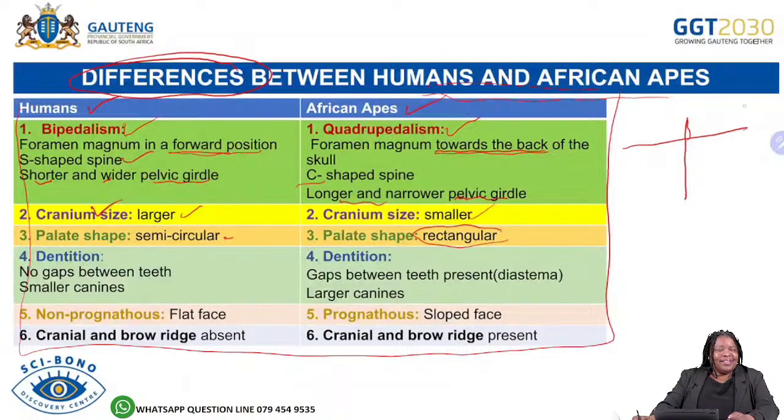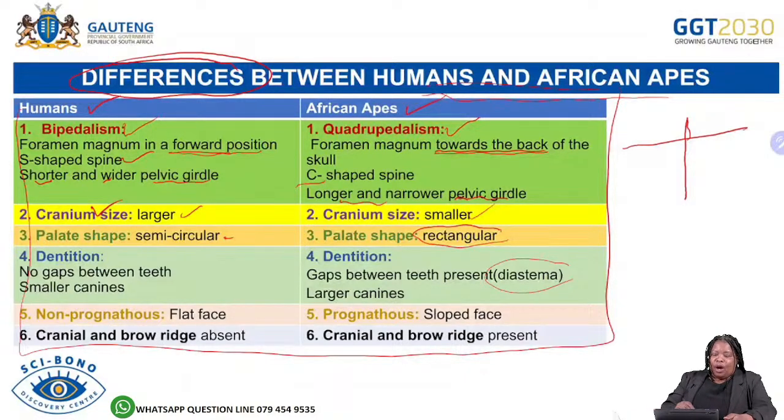Observe those teeth. Humans do not have spaces or gaps, unless you have removed some of the teeth, right? But in African apes, they do have gaps in between the teeth. And we call those spaces diastema, all right?